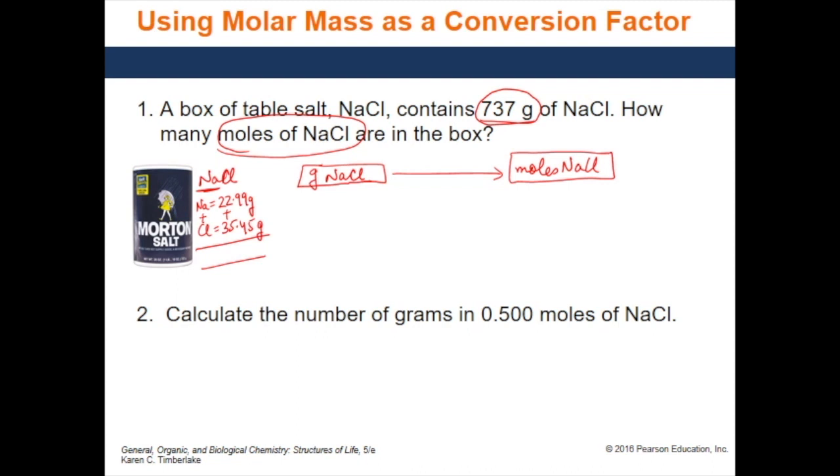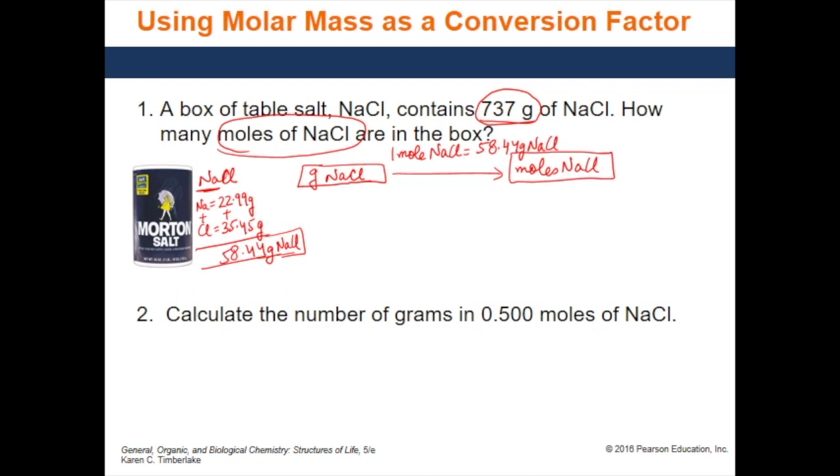So basically 1 mole of NaCl would weigh around 58.44 grams of NaCl. So that is our molar mass of NaCl. So what is our conversion factor? Our conversion factor is essentially 1 mole of NaCl is 58.44 grams of NaCl.